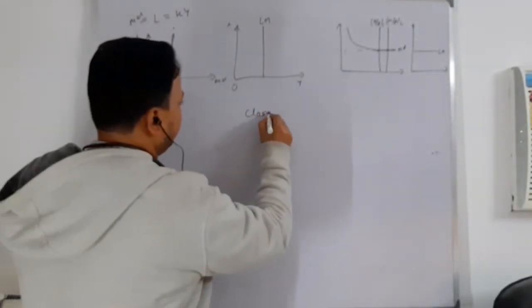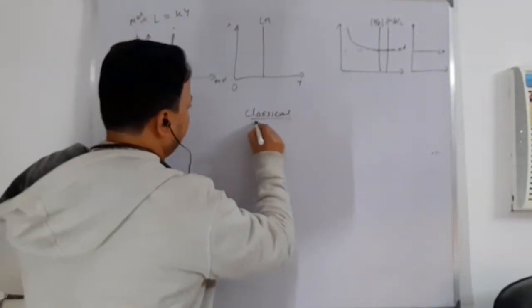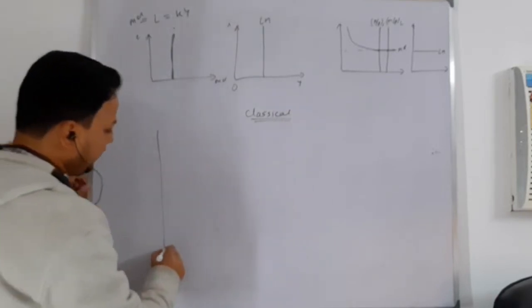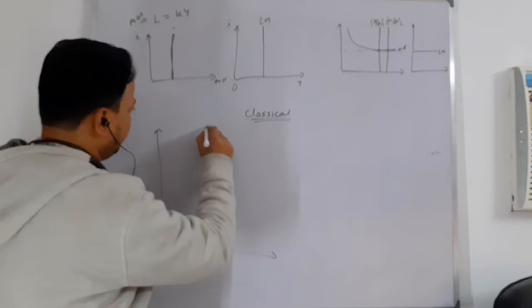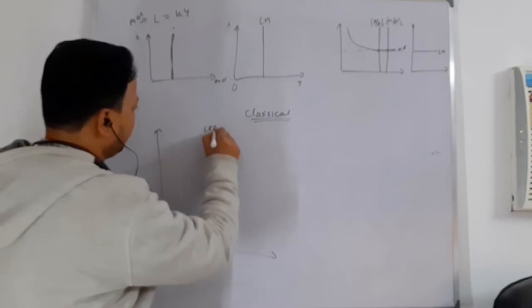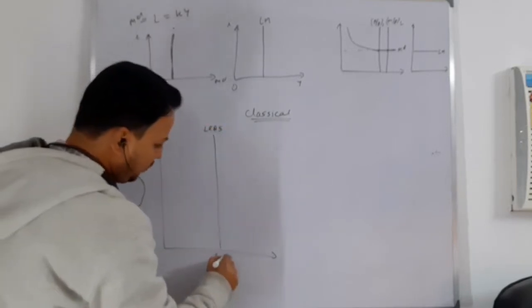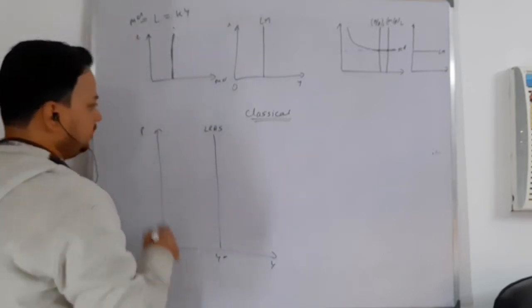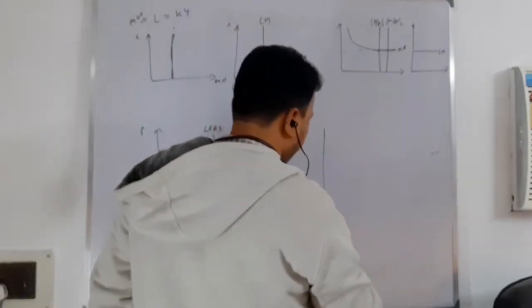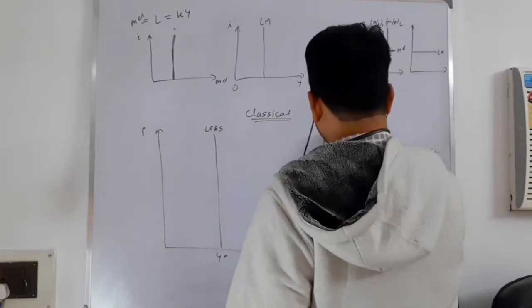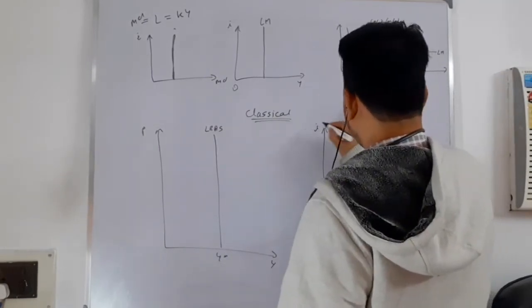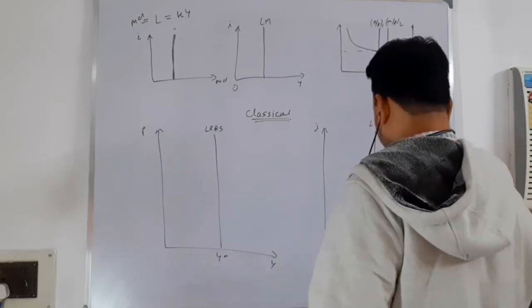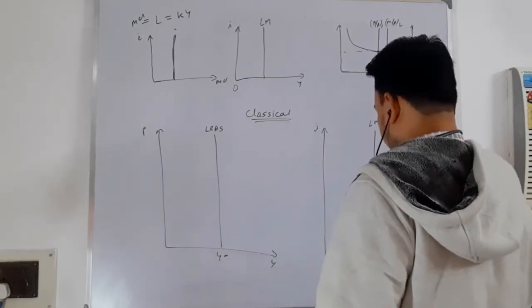In the classical case, our aggregate supply curve is vertical. This is long-run aggregate supply, and this is full employment output, and this is price level. And in terms of NM, the NM curve will be vertical also. Here you write rate of interest, here you write output. Here it is Y star.